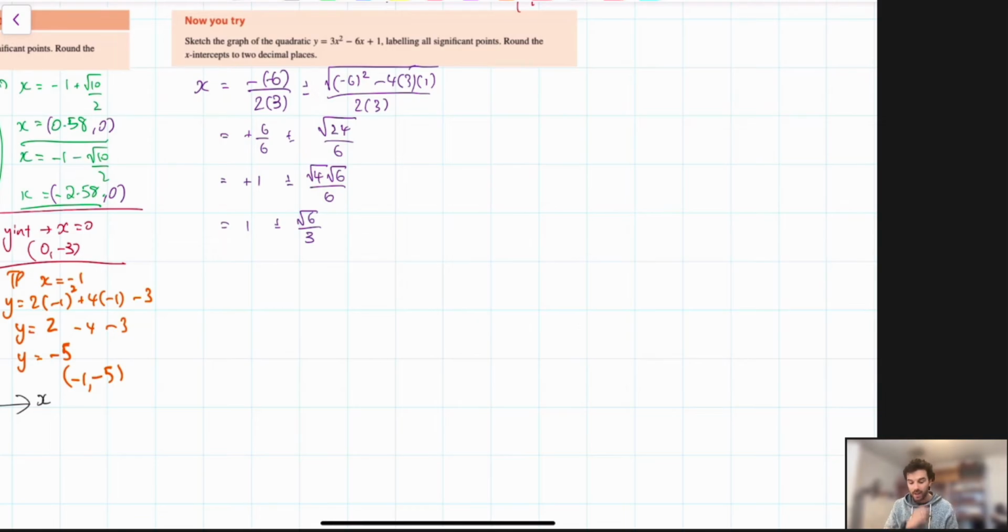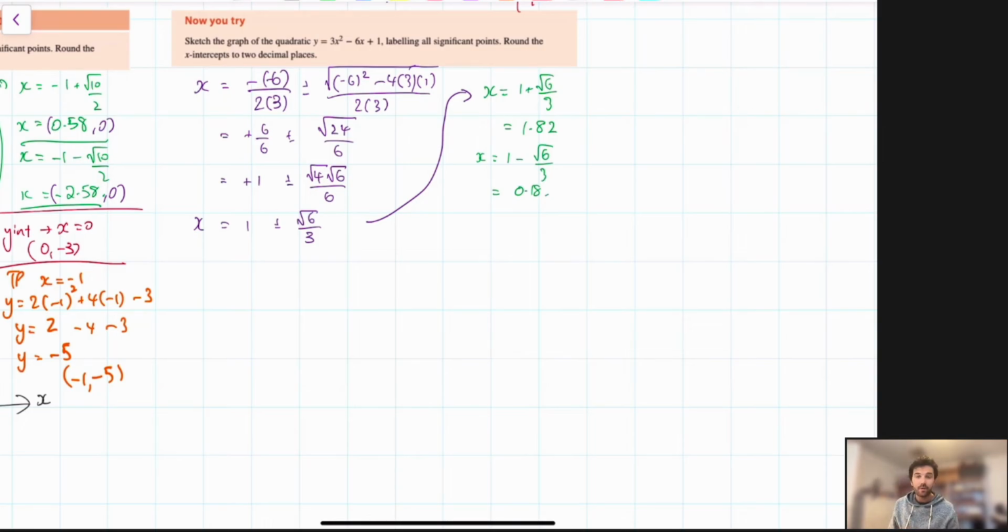Okay, so here's our final answer in terms of the X-intercepts, and let's find out what those correspond to. Okay, I'm just going to double check my answers here. Yep, and we're just going to 2 decimal places for these. Yep. Okay, so we've got our X-intercepts there.